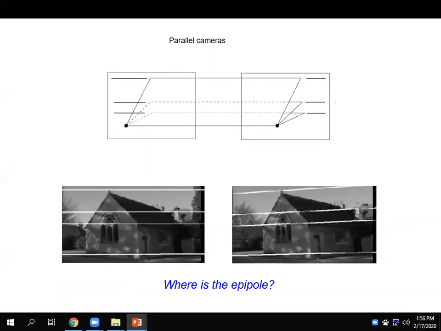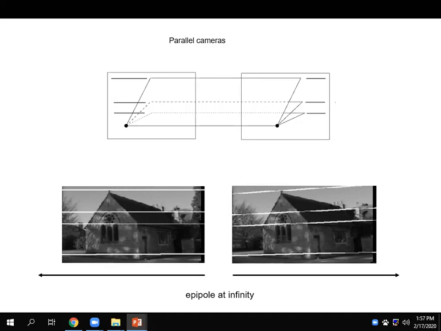First of all, when you have them parallel like that, all of the epipolar lines will be parallel. If the epipolar lines are parallel, there is no intersection, or you can think of it mathematically as intersecting at infinity. So the epipole will be at infinity, and that's what we expect, the epipole at infinity. It's like the epipole gets bigger and bigger until it becomes infinity.